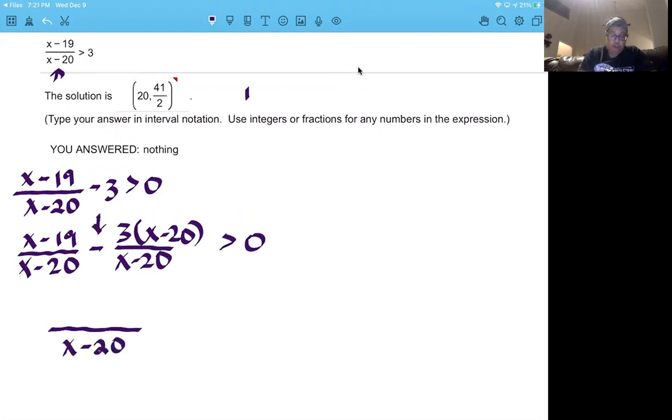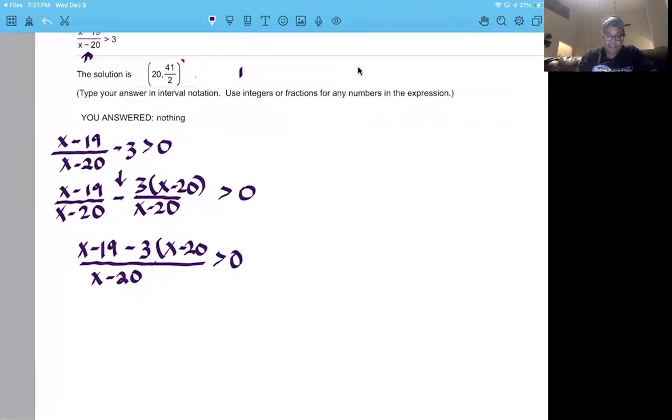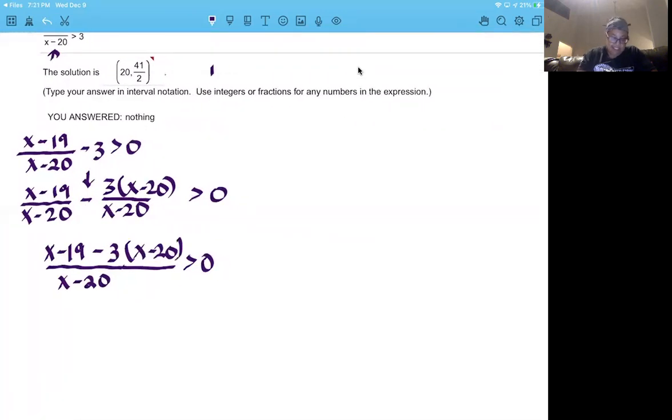Make sure you don't forget to distribute this negative sign. So I have x - 19 - 3 times (x - 20) is greater than 0. And now I'm going to distribute that 3, so minus 3x plus 60.